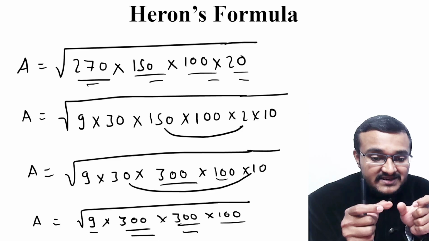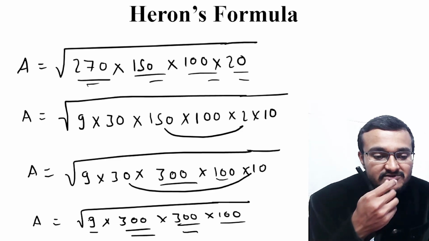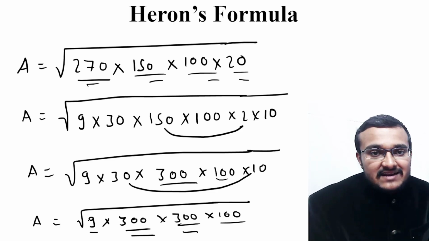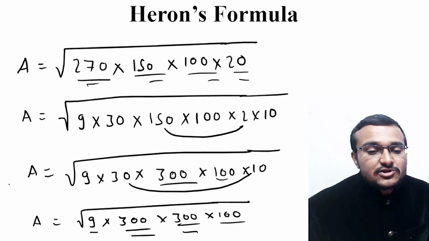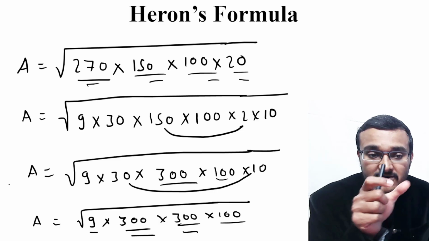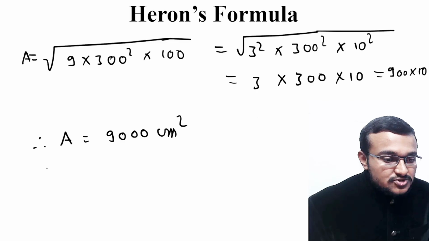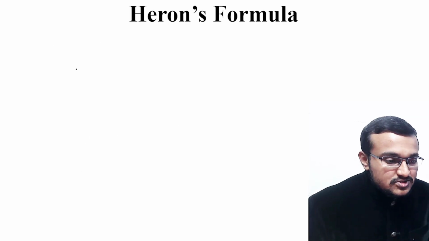I separated 300 and 300 so that I can write 300 square. That will be easy for me to take the square root and then calculate the area. So this will save time. Here we have got area as 9000 centimeter square.